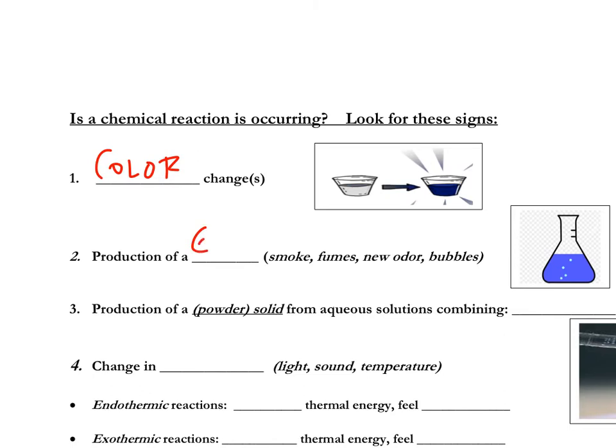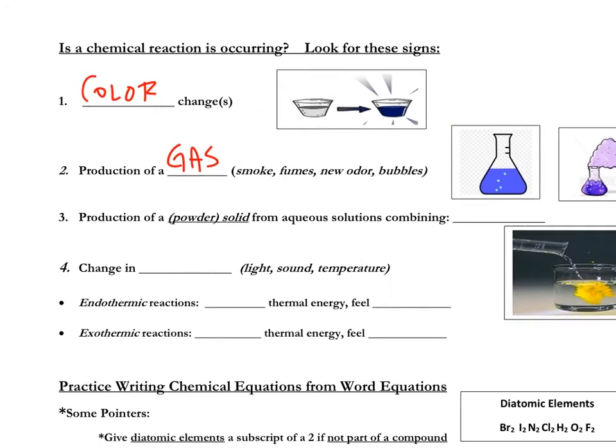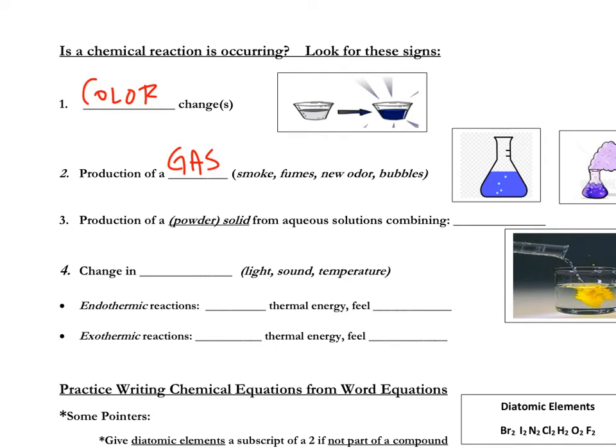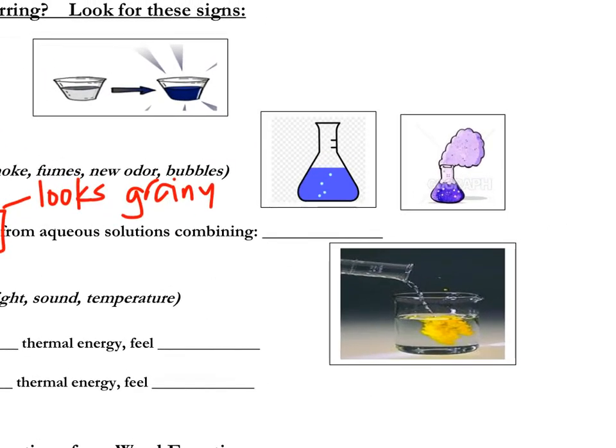If a gas is produced, if there's any smoke, fumes, an odor, bubbles being formed, that's an indicator of a chemical reaction. Production of a powder or a solid, sometimes it looks grainy. This is known as a precipitate.